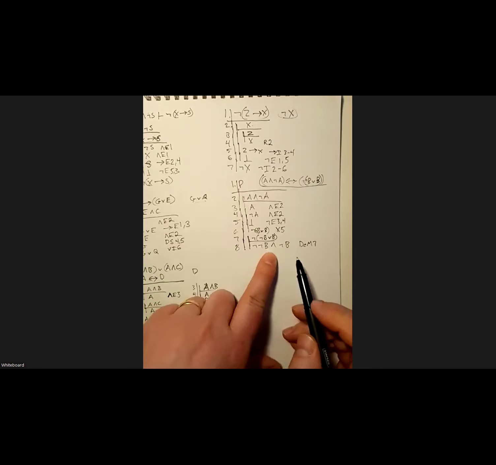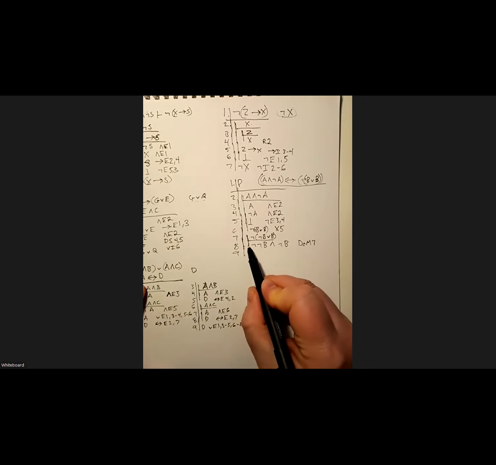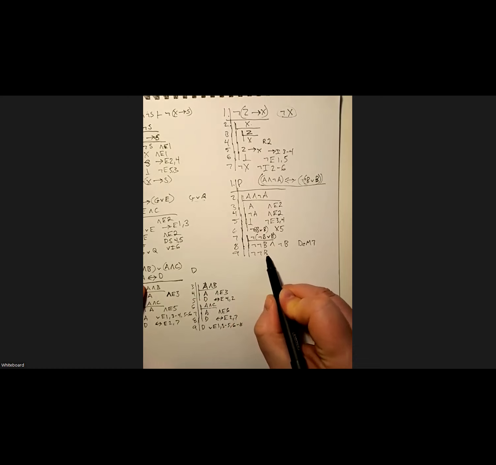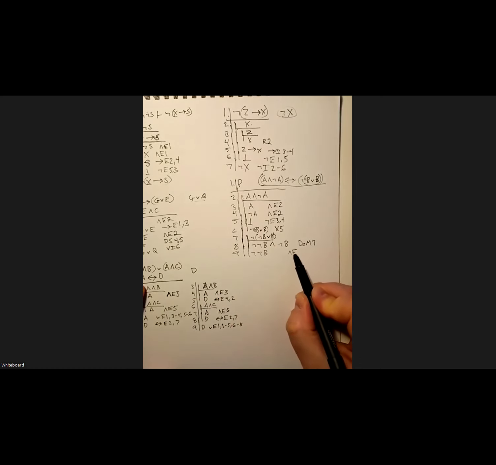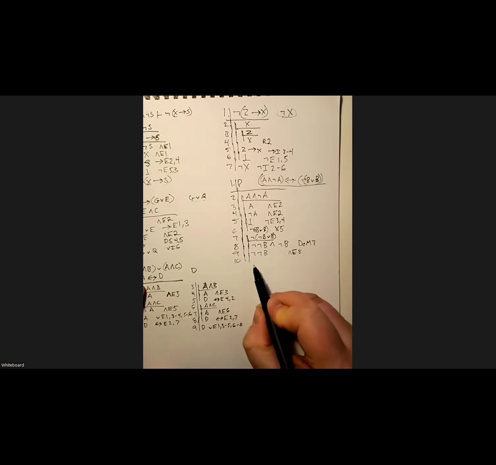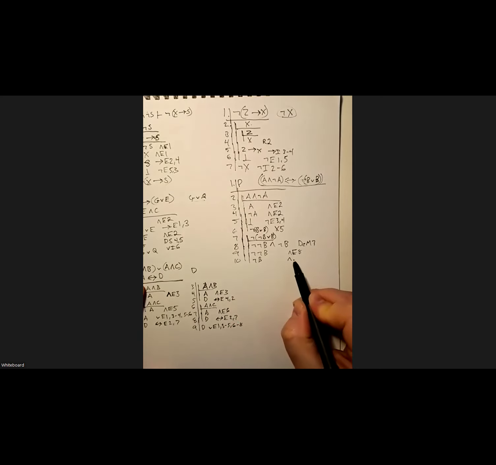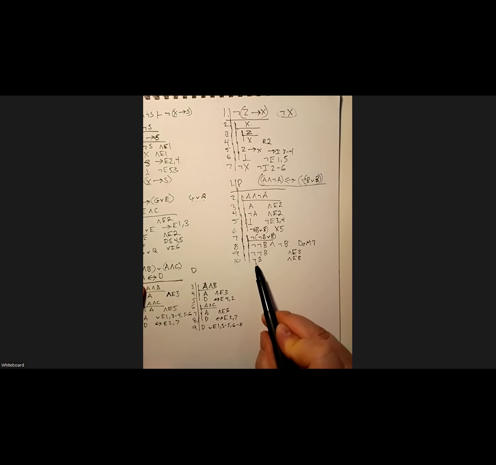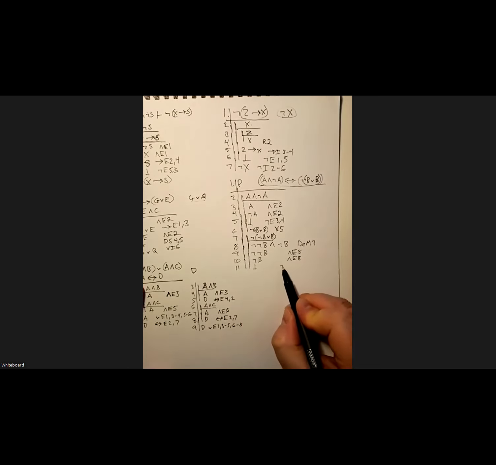So we're going to take the conjunction. We're going to break both parts off. Conjunction elimination on 8. And now we have a sentence and its negation. So we can use negation elimination to get us a contradiction.